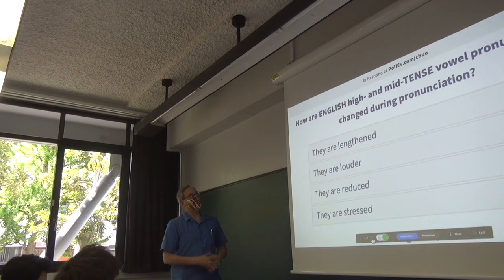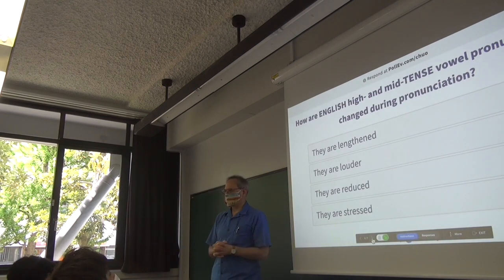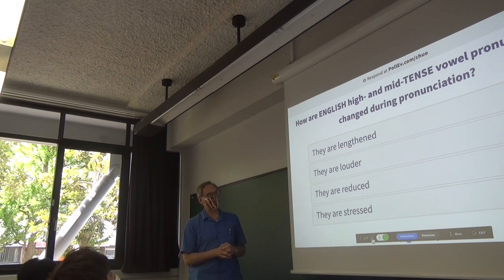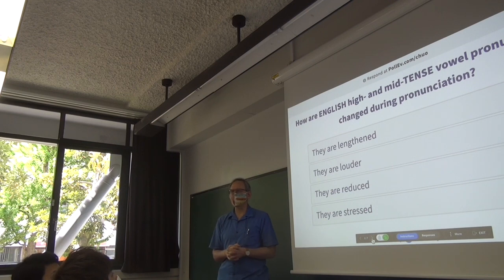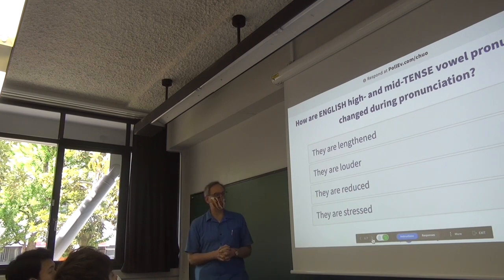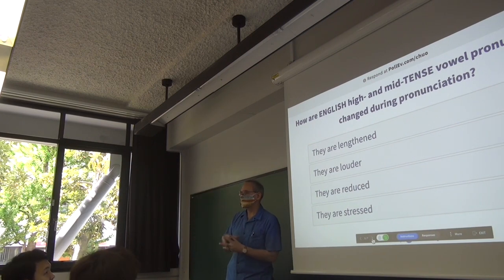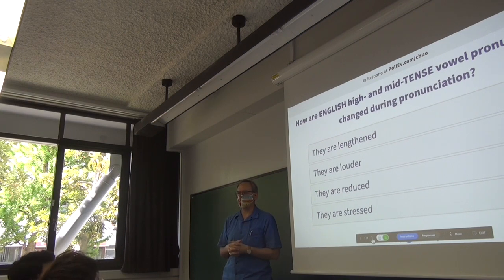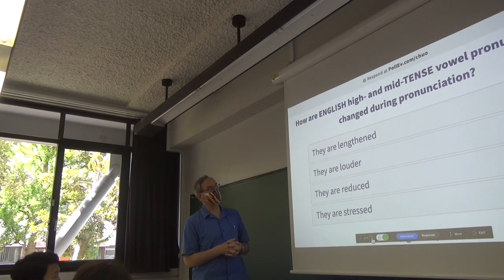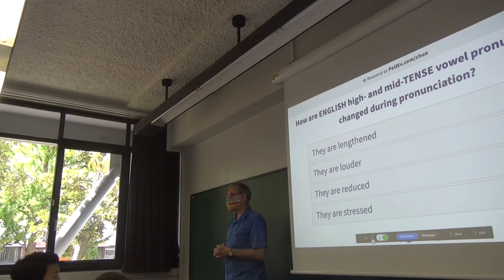Next question. How are English high and mid-tense vowel pronunciations changed during pronunciation? They are lengthened, they are louder, they are reduced, they are stressed. Which of those describes the natural change English speakers produce when pronouncing high and mid tense vowels?